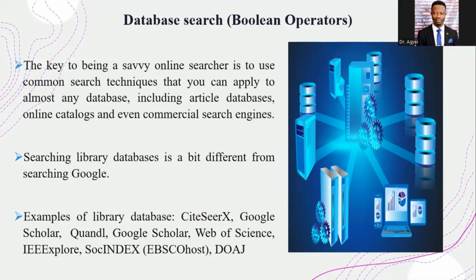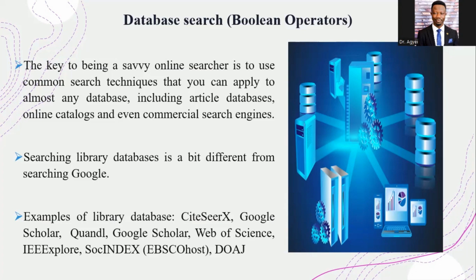Database search is a bit different from Google search, as I told you before. Let's look at some examples of databases. We have Google Scholar, Web of Science, IEEE Xplore, Science Index run by EBSCOhost, and others.